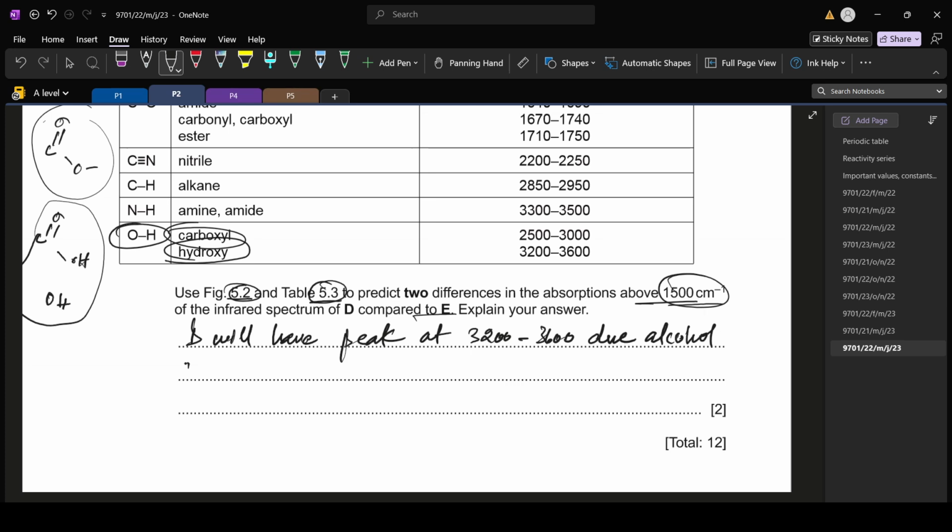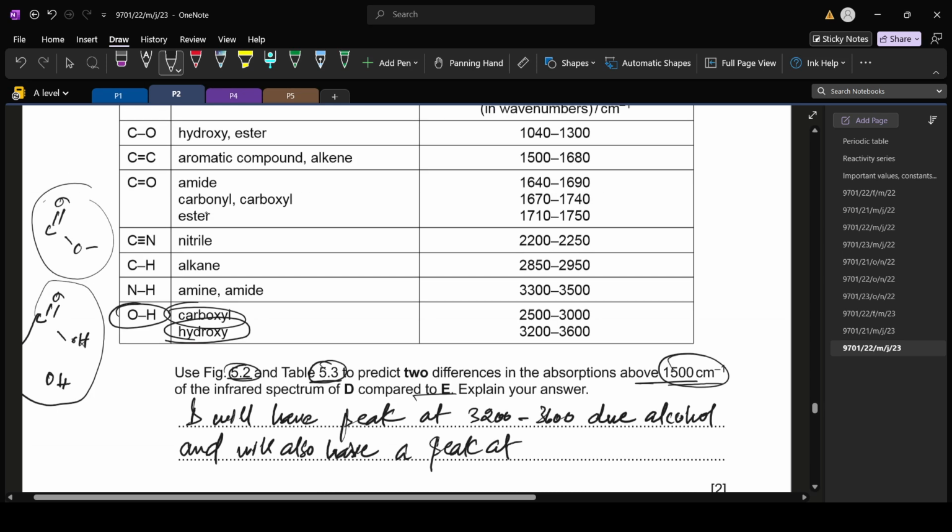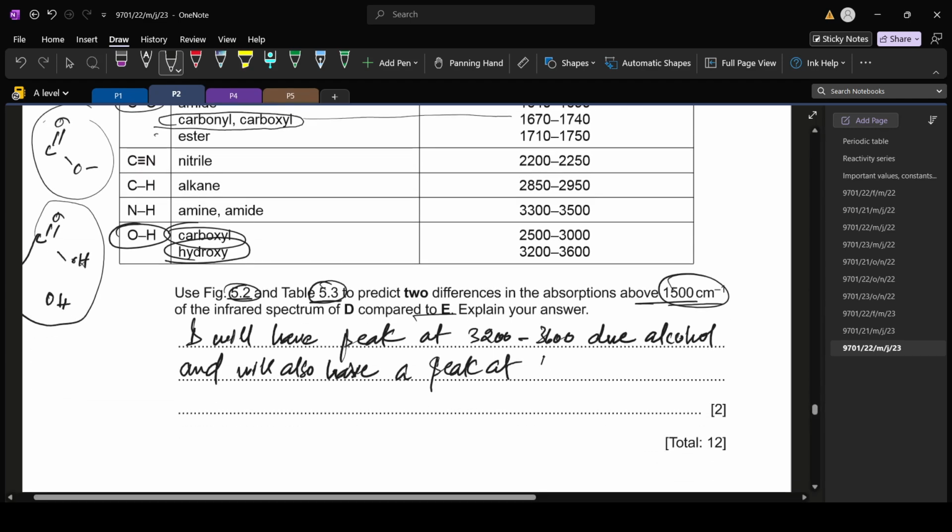D will also have a peak due to this carboxyl group, which has a carbonyl group. So a peak at 1670 to 1740 due to carboxyl group.